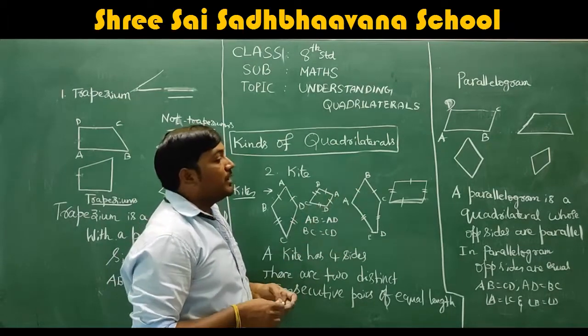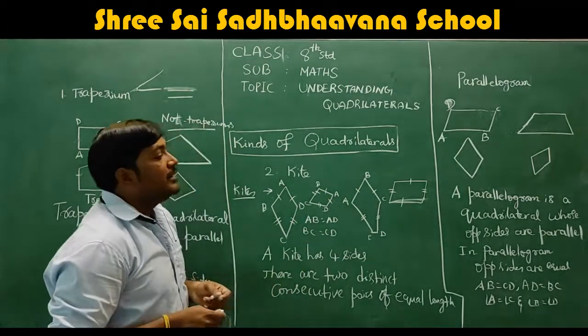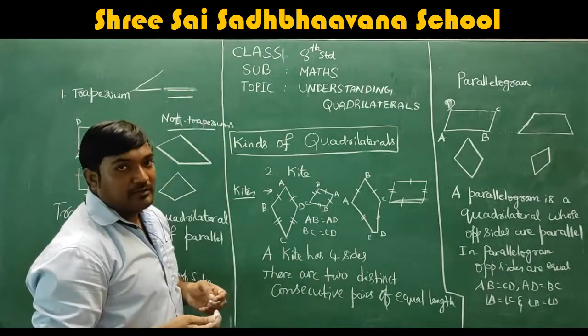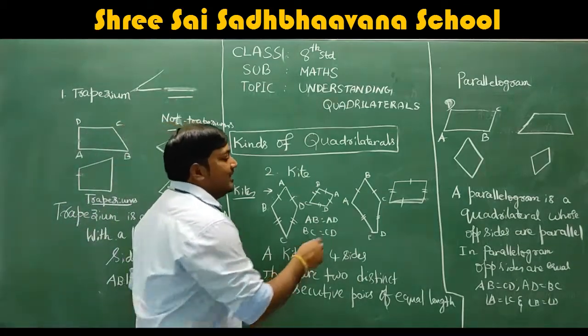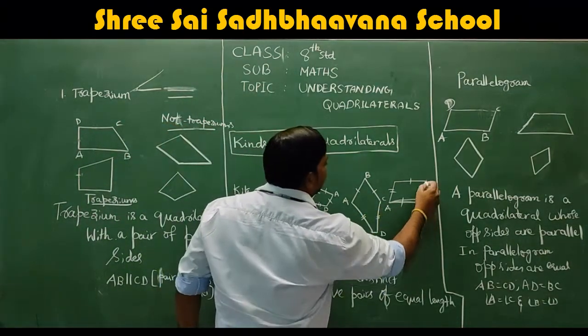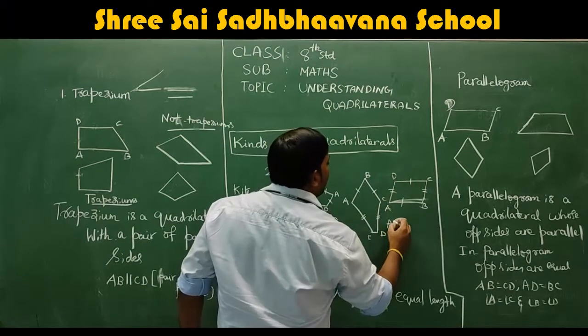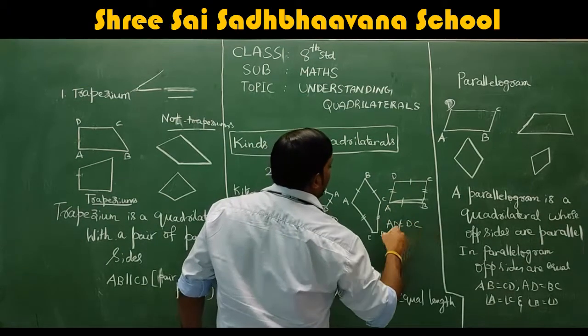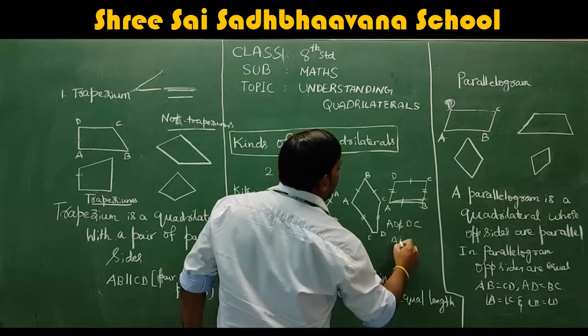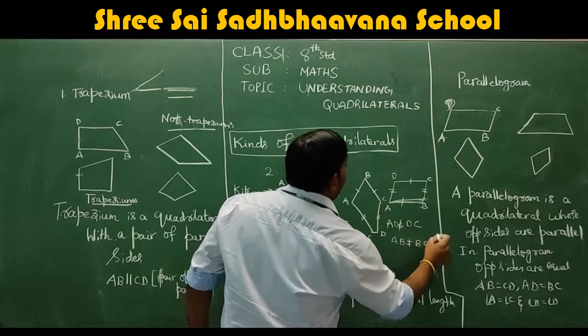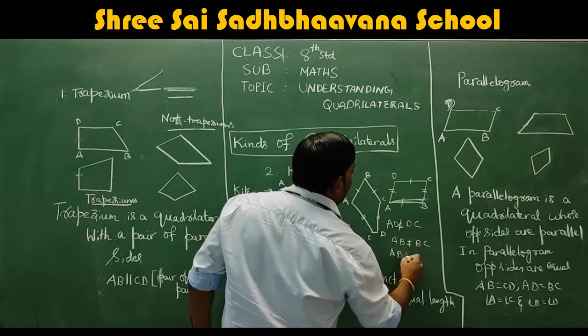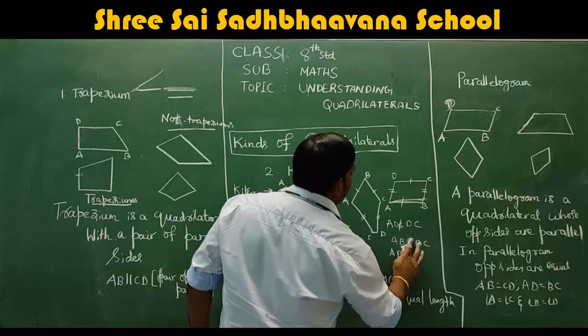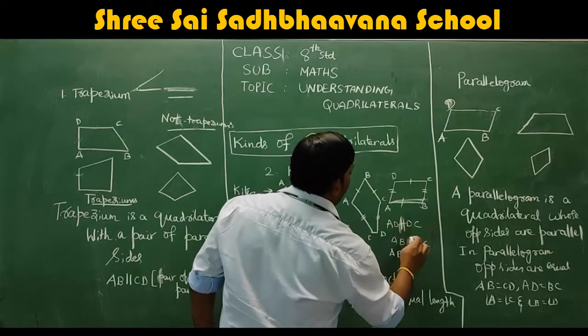And coming to the next one, instead of consecutive sides, opposite sides are equal. It means AD and DC are not equal, and AB is not equal to BC. But you can say it as parallel, not parallel.